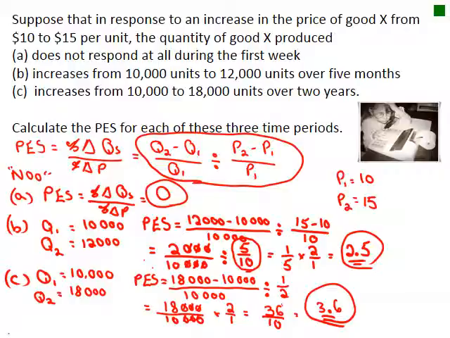And we would be left with 36 over 10, which equals 3.6. And lo and behold, as the time frame increased, we went from a PES of 0 to 2.5 to 3.6, and so it certainly did become more elastic over time.